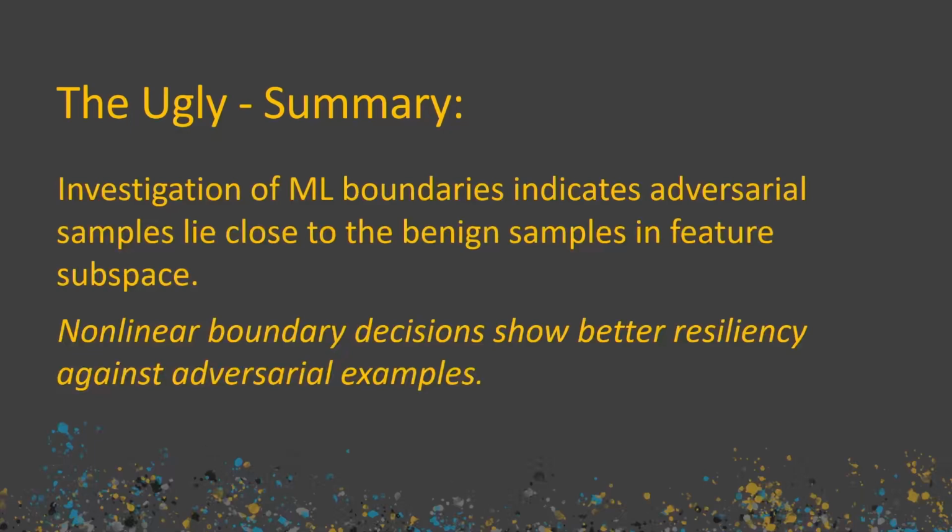However, when they are mapped to the feature space, they are actually closer to the decision boundary. That's why they get misclassified. We also examined the linearity and non-linearity of the boundaries, and it seems like the nonlinear decision boundary shows better resiliency against adversarial examples.